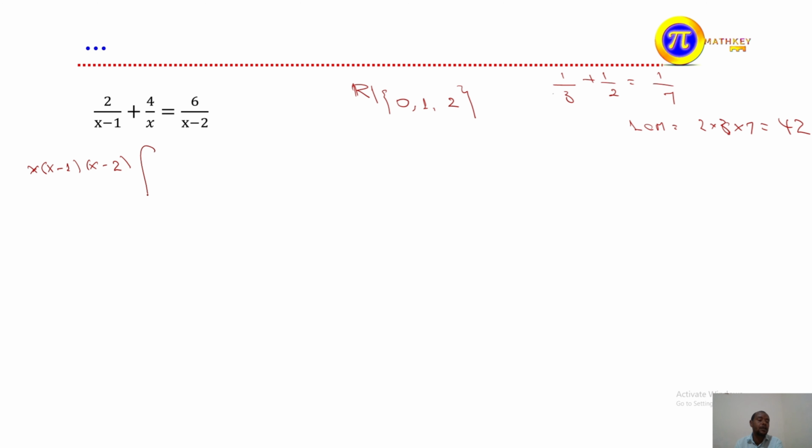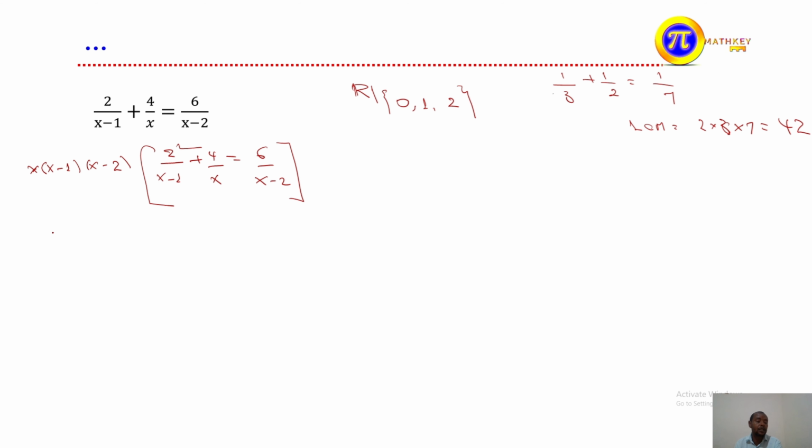So we multiply both sides by this LCM. That means 2 over x minus 1 plus 4 over x is equal to 6 over x minus 2, as we did before. Multiply each of the three terms by this LCM. When we multiply the first one by this, we cancel x minus 1 by x minus 1.